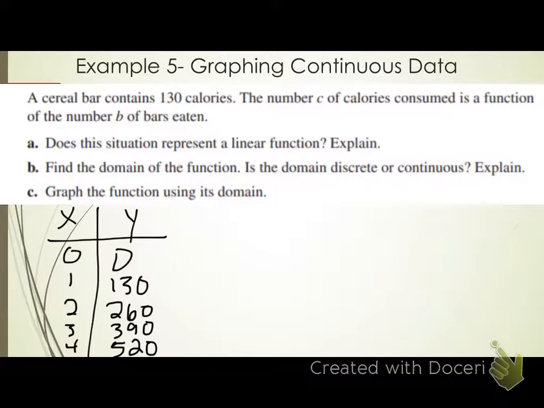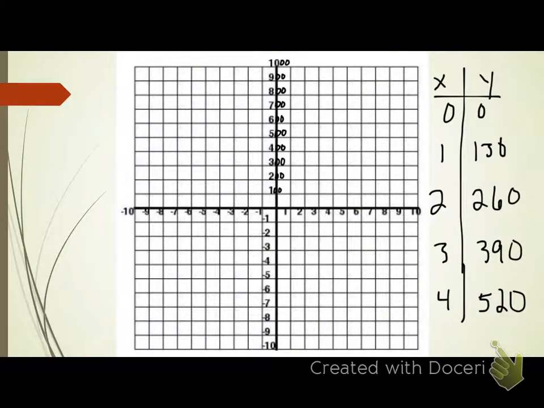So now I can graph my ordered pairs from my table of values. So let's go look at our graph. If you notice, I made my y values go up by 100s this time since the y values increase so dramatically. Sometimes you need to change the numbers on your axes to match the situation and the numbers you're dealing with. So, I'm just going to graph these ordered pairs again. 0, 0. That'd be right at my origin. 1, 130.